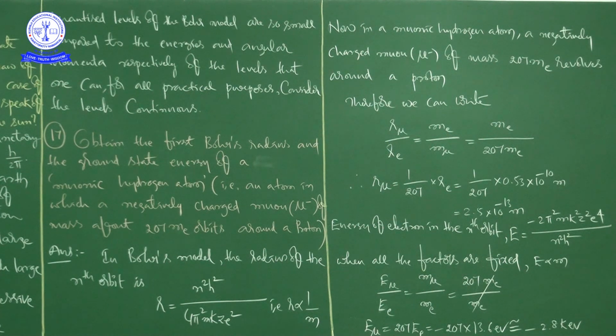Finally E mu is equal to 207 E, that is equal to minus 207 into 13.6. If you do this calculation, you will get minus 2.8 kilo electron volt, minus 2.8 keV. This is all about the second problem.